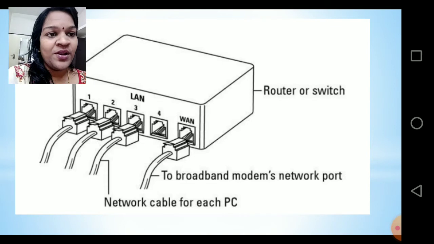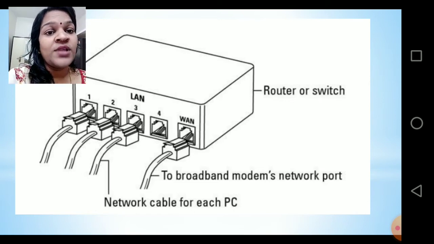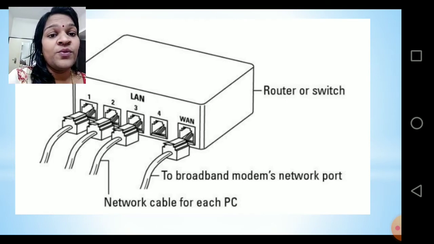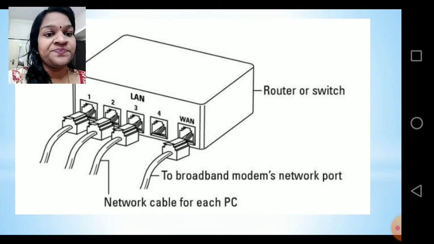This is an example of a switch or a router. You can see a broadband modem network port on the right side, the WAN connection coming from the internet service provider, and the other 4 ports are connected to devices. The devices connected to this switch will have a network connection from this broadband connection.